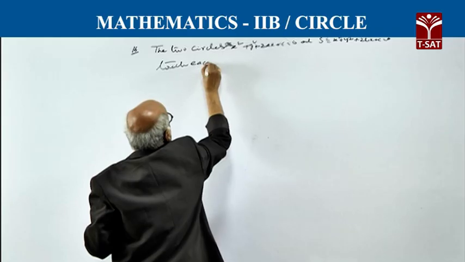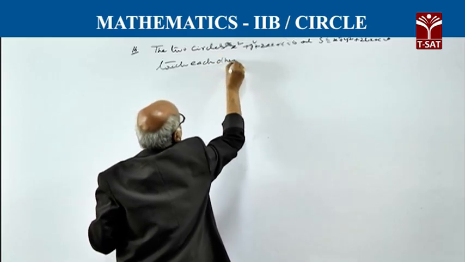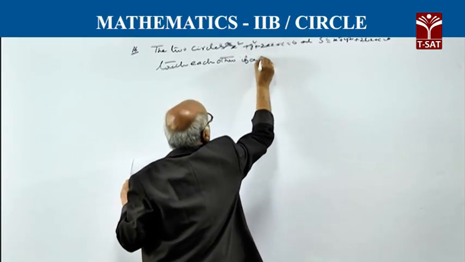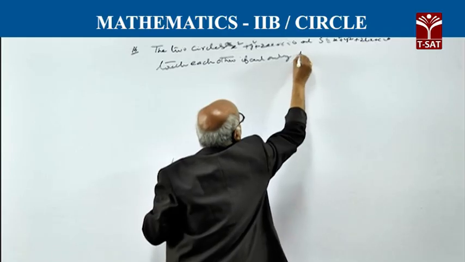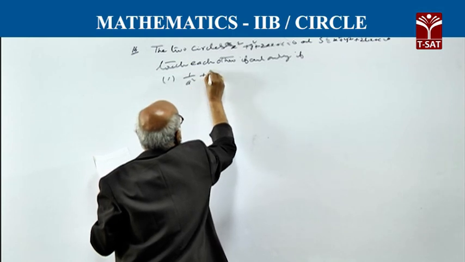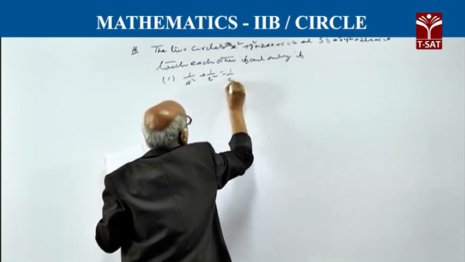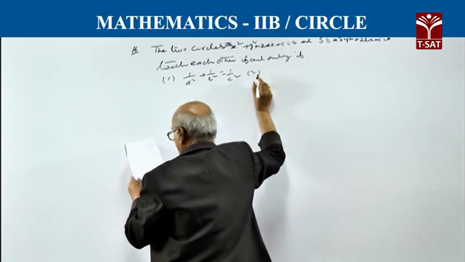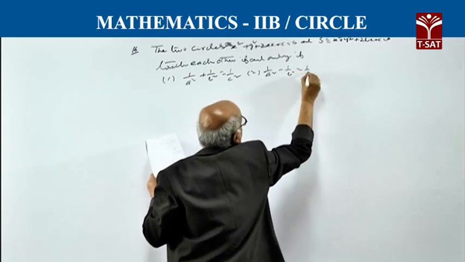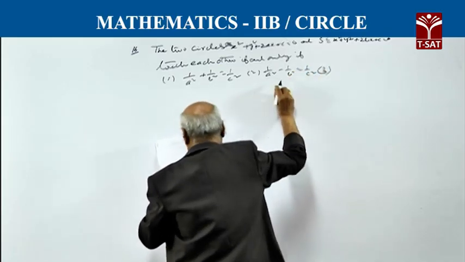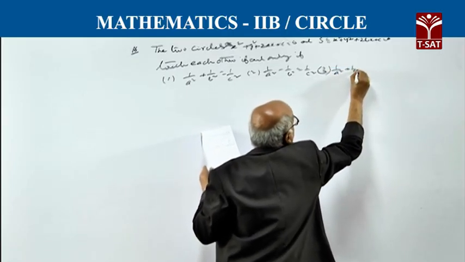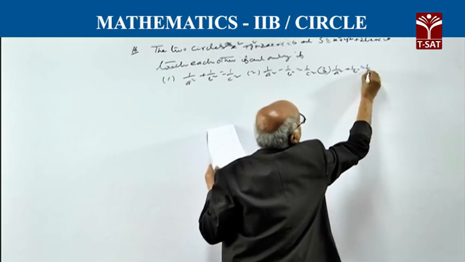Touch each other if and only if: 1. 1 by a square plus 1 by b square is equal to 1 by c square. 2. 1 by a square minus 1 by b square is equal to 1 by c square. 3. 1 by a square plus 1 by b square is equal to 1 by c.